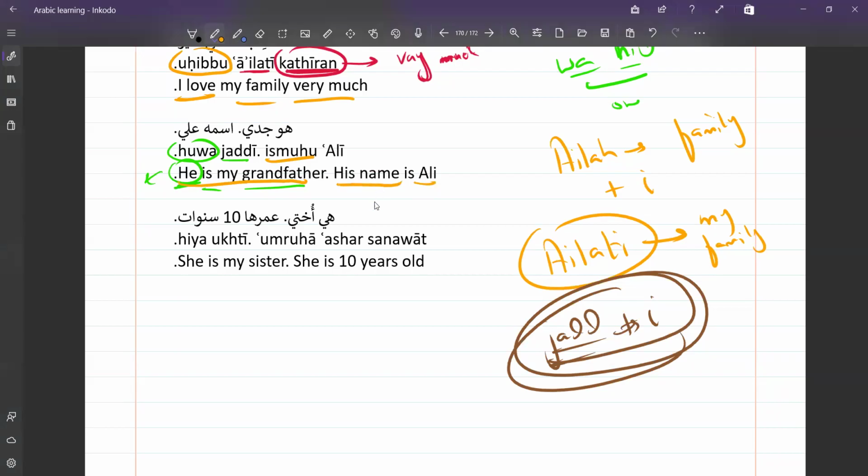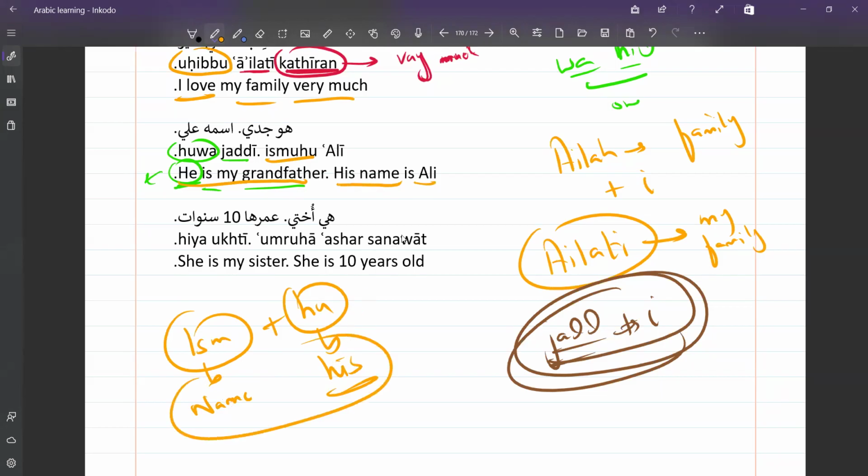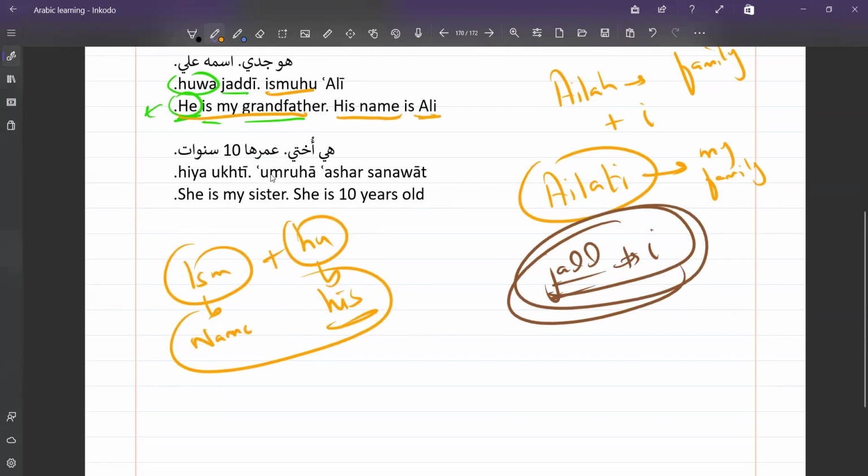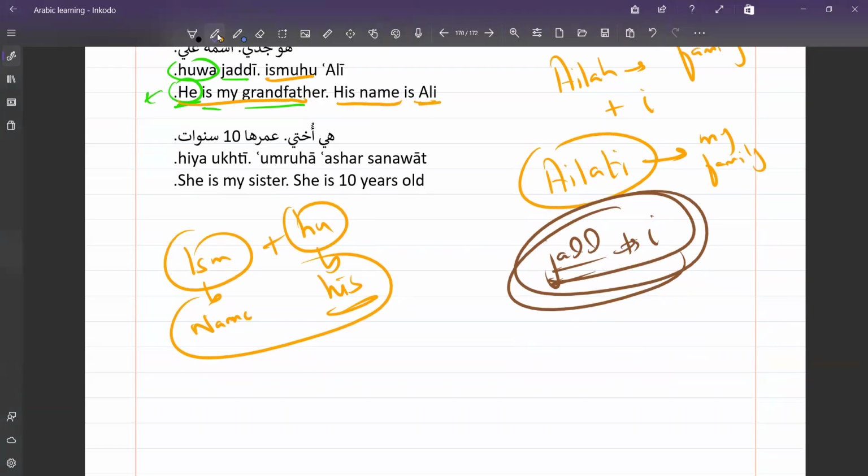Now we have also done this, that ism means name, and when I add the possessive pronoun hu in front of it, this means his name. So ismuhu means his name is Ali, right? So huwa jaddi ismuhu Ali, right? He is my grandfather. His name is Ali.